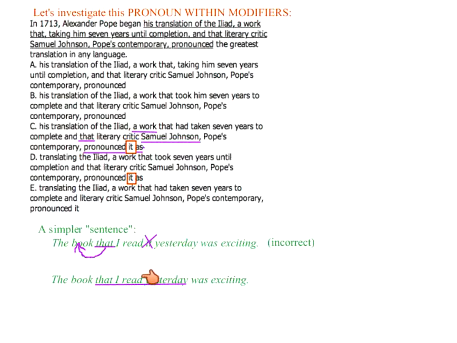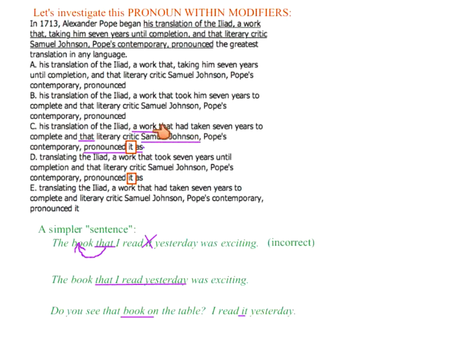If you don't have this kind of modifier construction, then you can have an it. Like, do you see that book on the table? I read it yesterday. Because now there's no that anymore. Now you have an it in a standalone sentence that actually refers to the book.